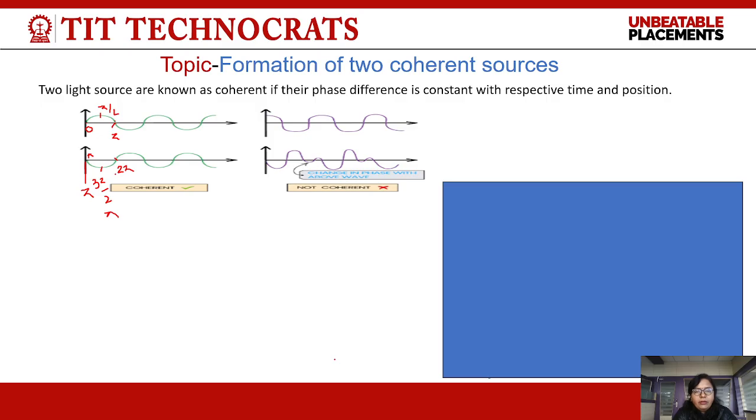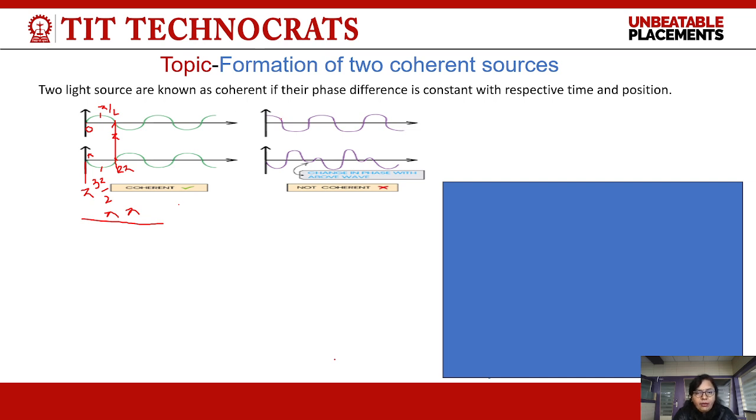If we subtract 2 pi from pi, we again get pi. So each and every time the phase difference between these two waves is pi, and we can say that the first wave is coherent with the second wave.